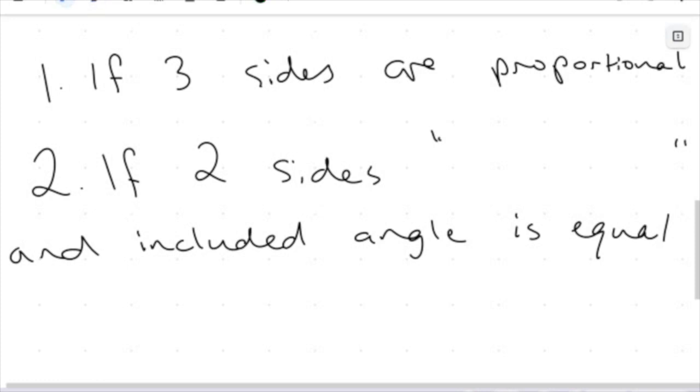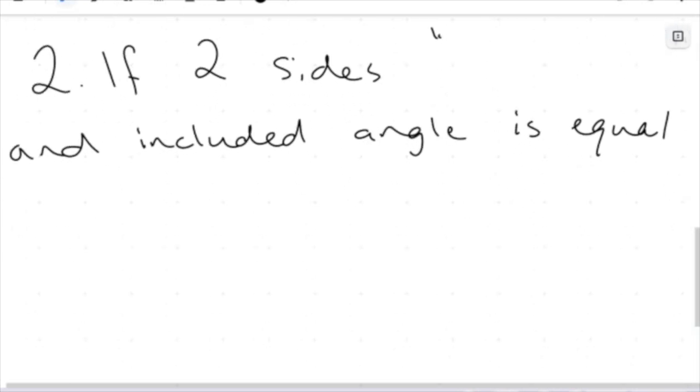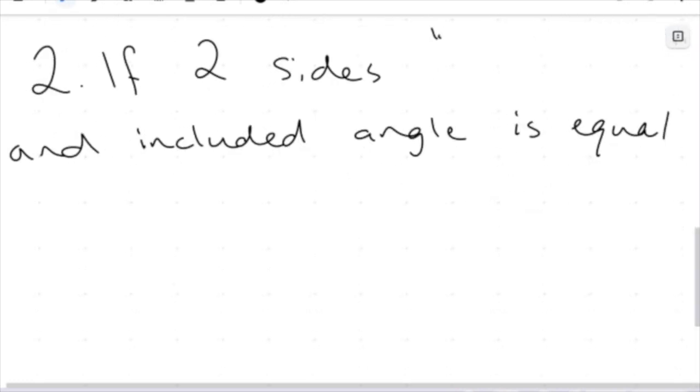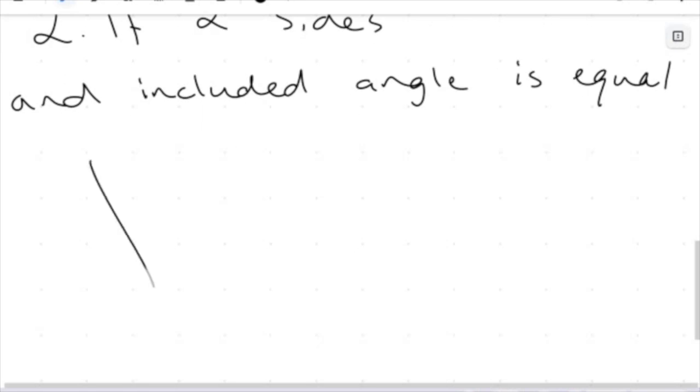Then we have another example of similarity. So for example, we have the two sides are proportional and the included angle is equal. This is kind of like the side angle side from congruence, but we're looking at different things here.